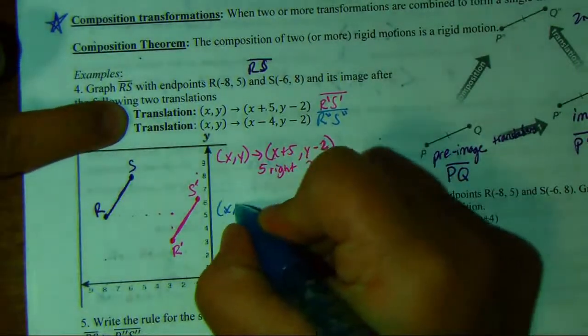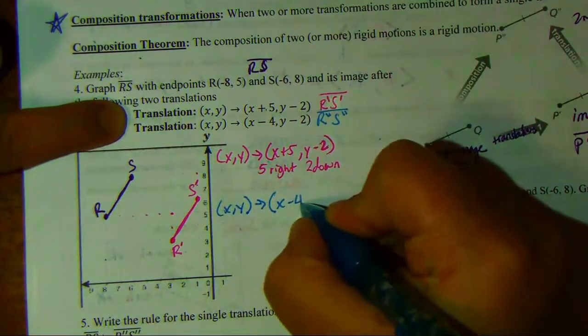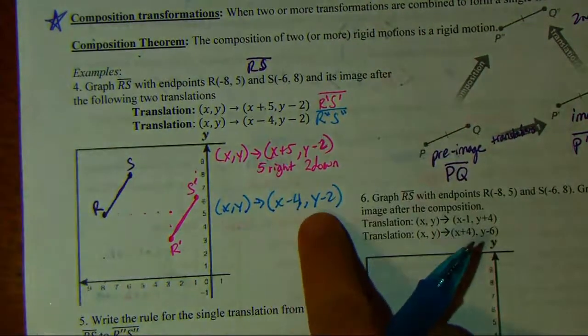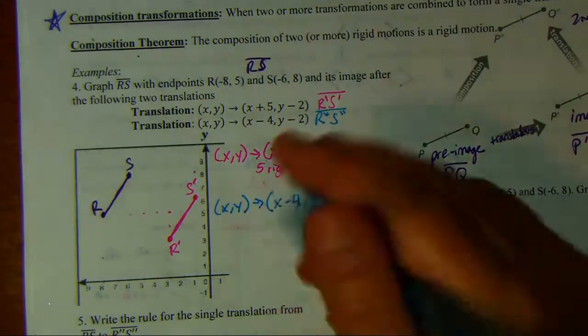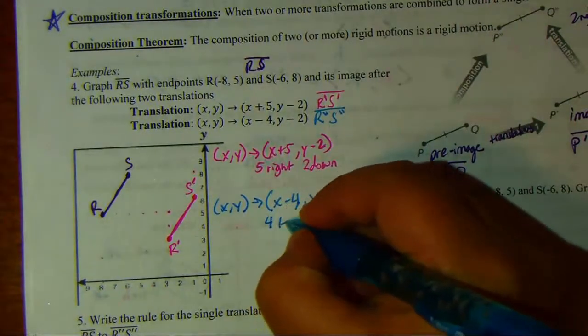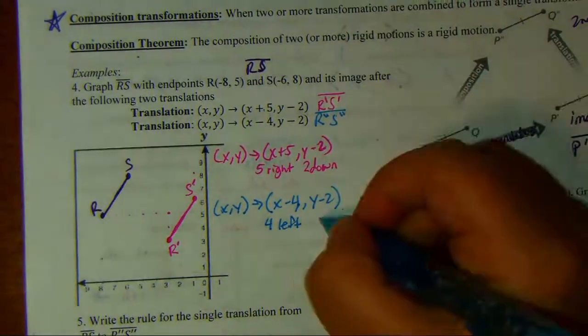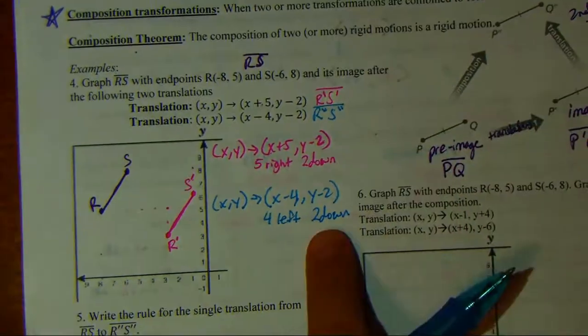Now, translation number 2 is the following here. We have x minus 4 and y minus 2. That means if it's x minus 4, we're going to go 4 to the left now. And then y minus 2, that means 2 down again. Okay?